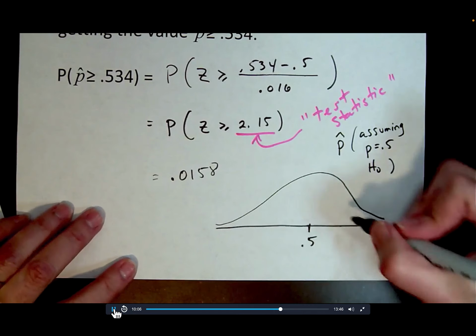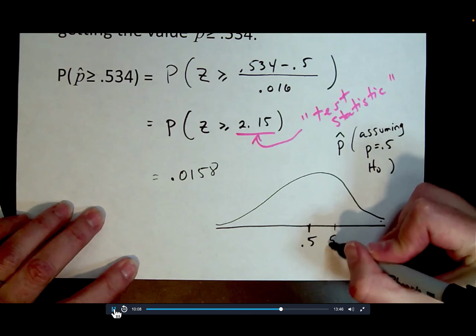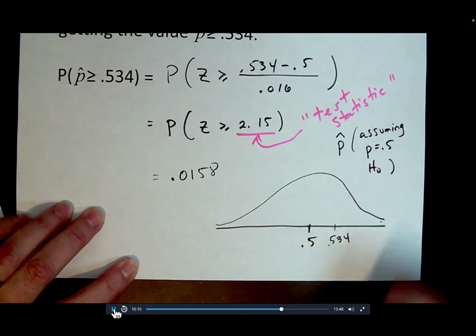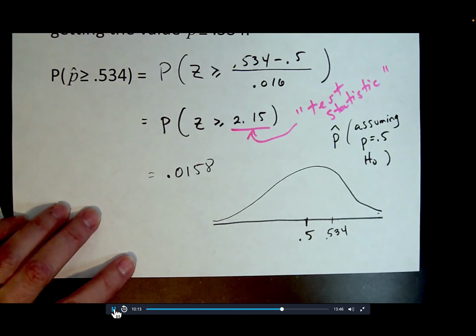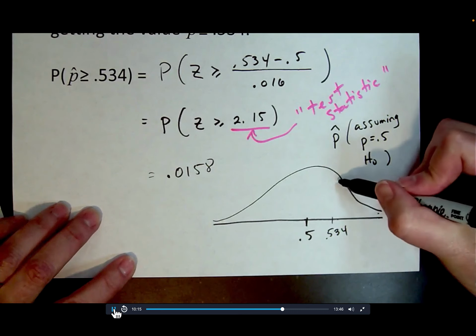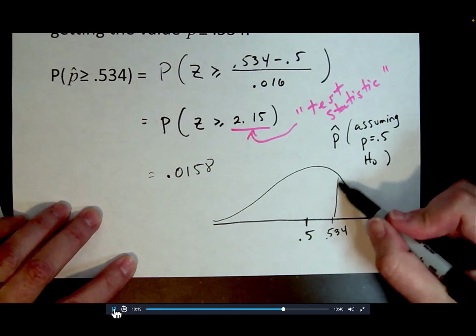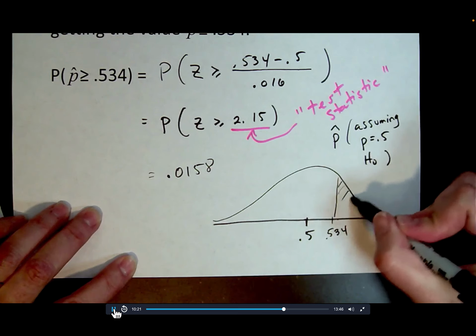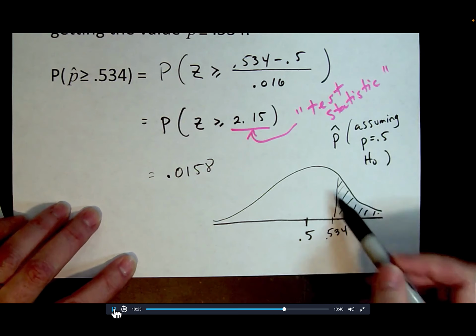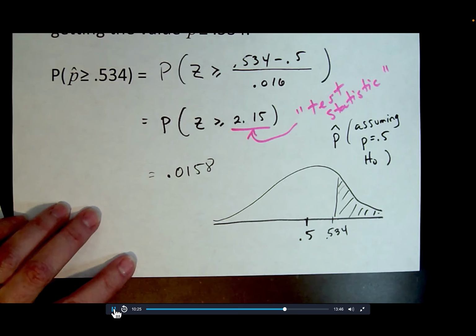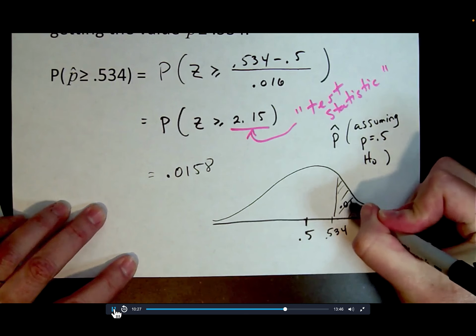And so we just looked at the probability of a point estimate, a sample proportion, being at least as extreme off the mean as 0.534. So we got that area and determined that it was 0.0158.